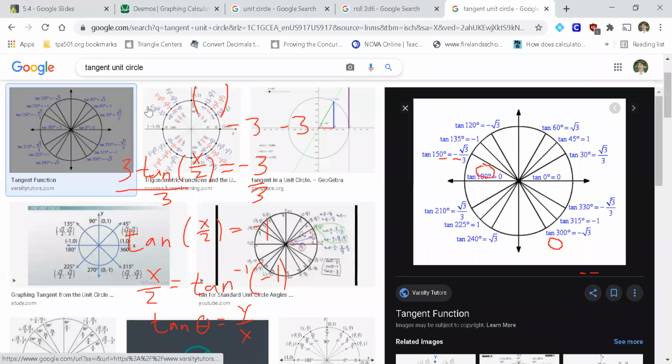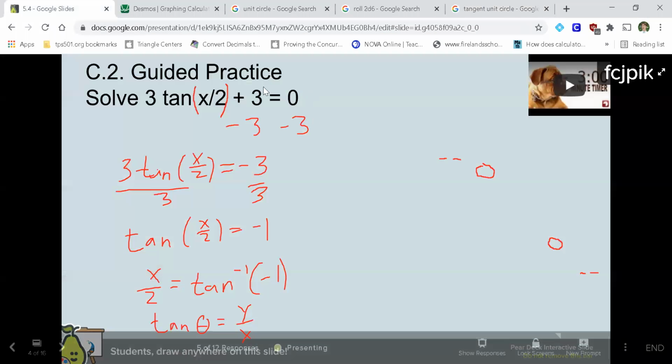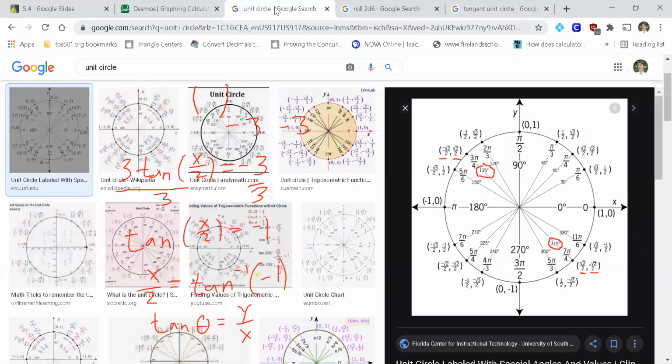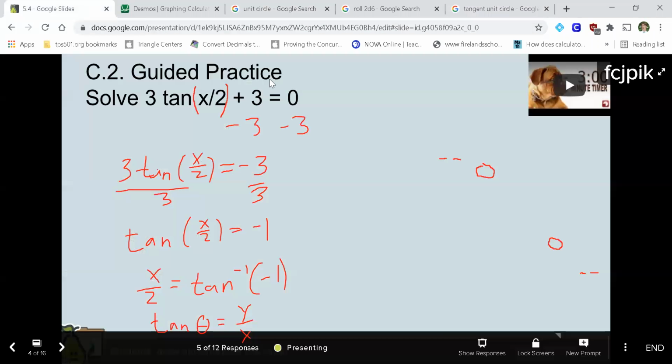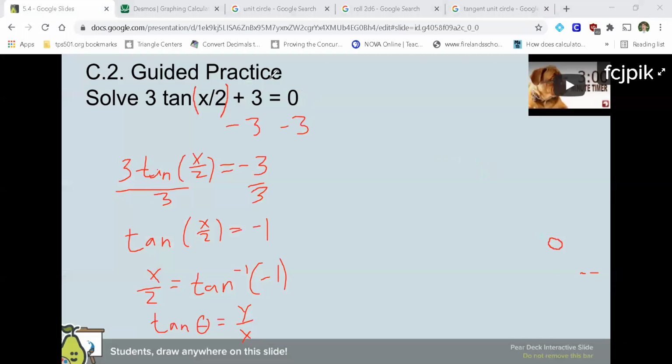So what we said: 135 and 315. So x over 2 is 135 degrees. X over 2 is 315 degrees.